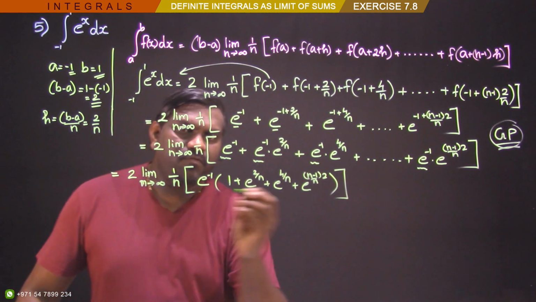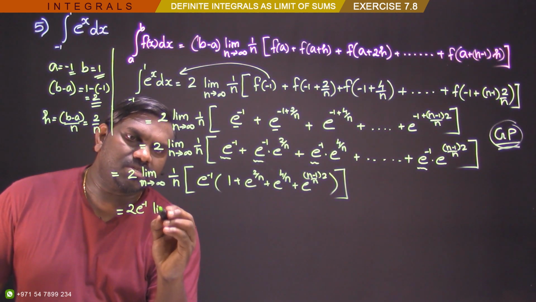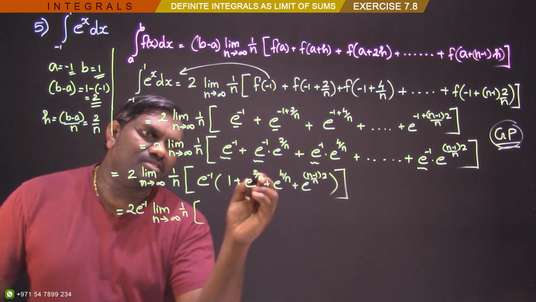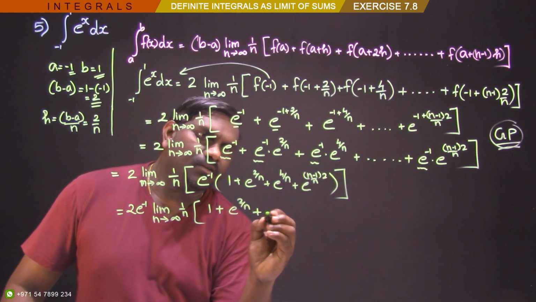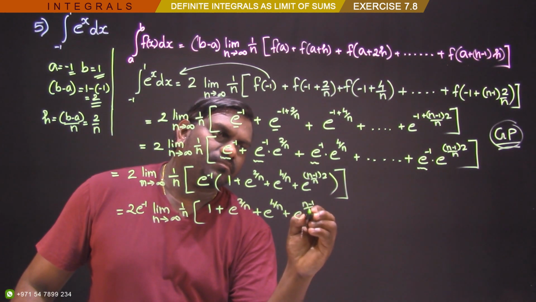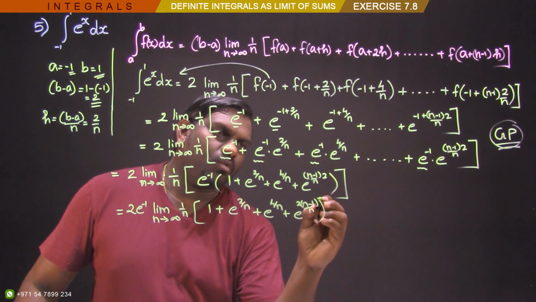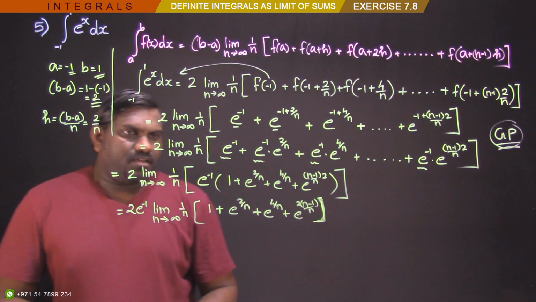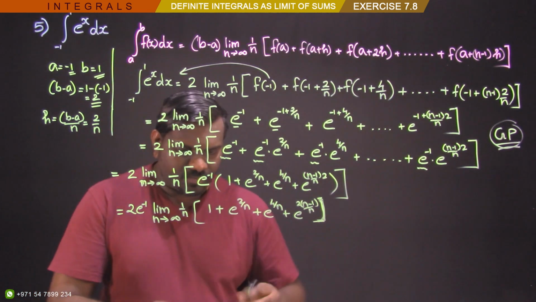GP, this is in the GP form dear. If I am taking this one outside, e raised to minus 1 because it's gonna be a constant. Don't you feel that this looks like a GP with what? With its common ratio. What is the common ratio? Now, one term divide this term.